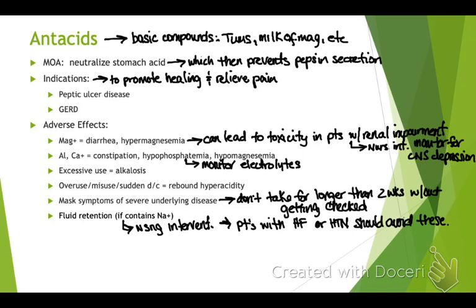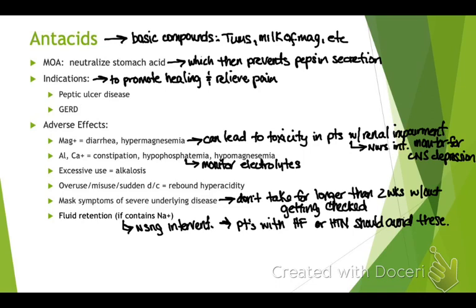Hypophosphatemia, so you need to monitor your electrolytes, and hypomagnesemia. When you're taking a lot of Tums, because you're taking the aluminum and the calcium, it's going to cause your magnesium to go down. And so you really need to monitor patients' electrolytes when they're on these meds.